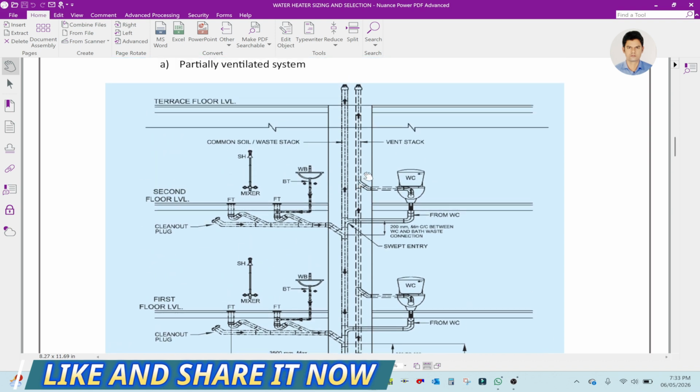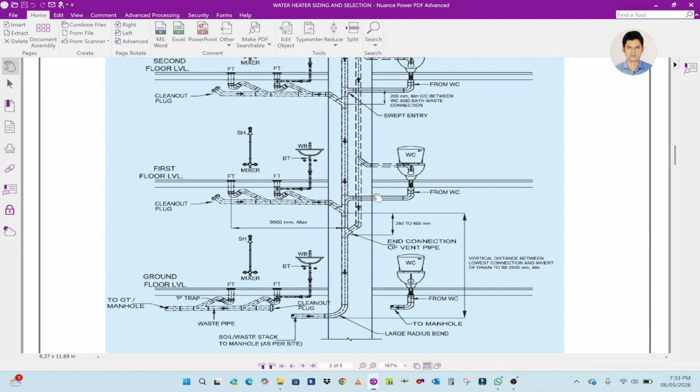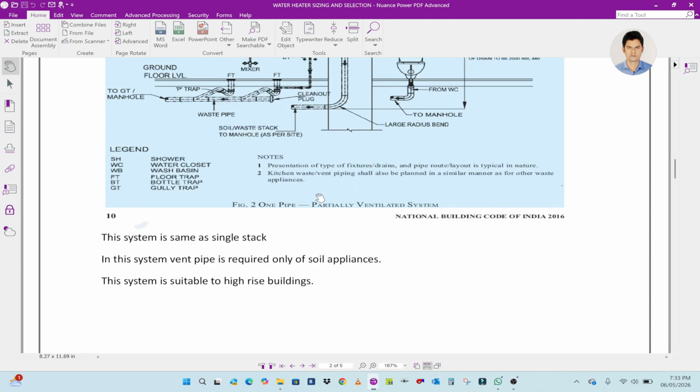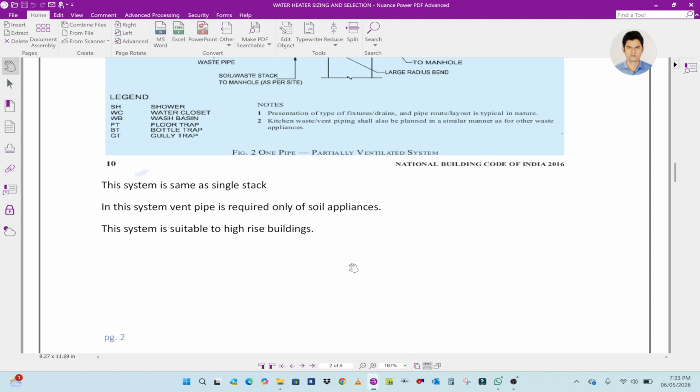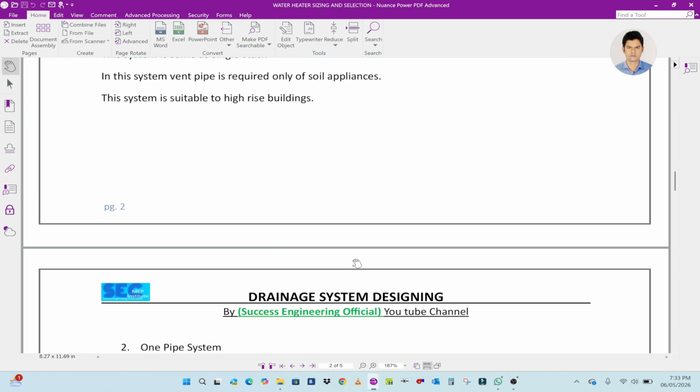That's why this is called partially ventilated system. This system is similar to the single stack system. In this system, a vent pipe is required only for the soil appliances, and this system is suitable for high-rise buildings.